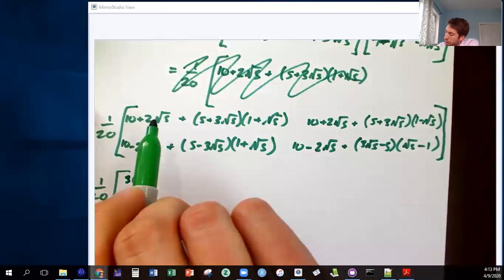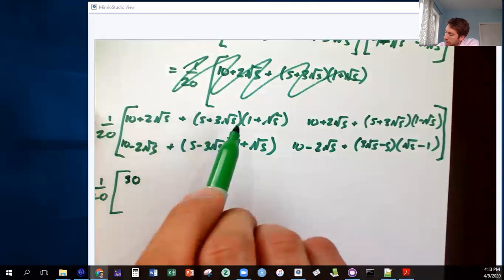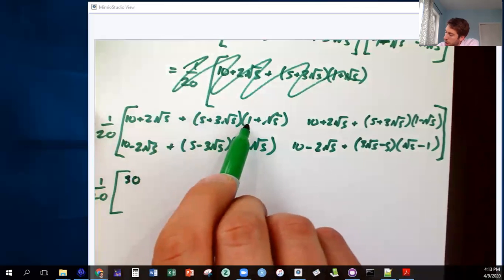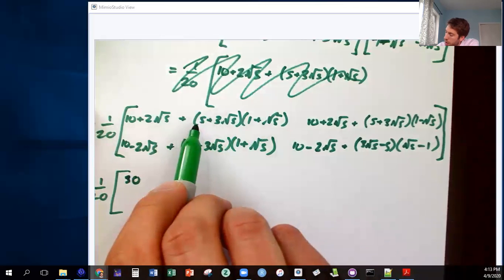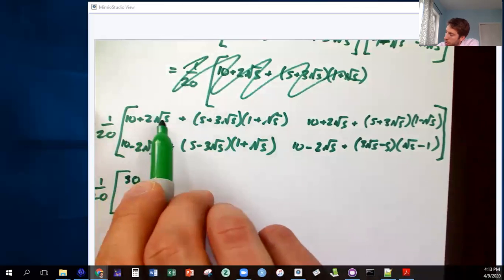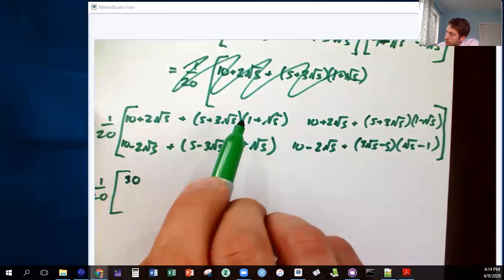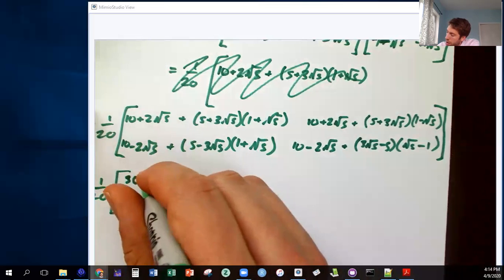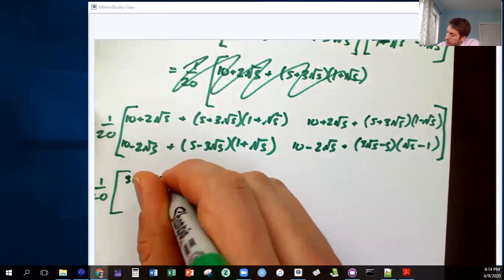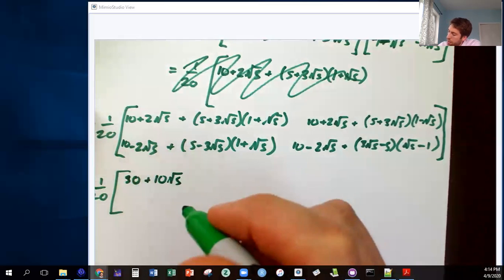Okay, how many square root of 5 terms? Here's 2 of them, and then 3 more, and 5 more. So then 2 plus 3 is 5, plus 5 is 10 square root of 5.